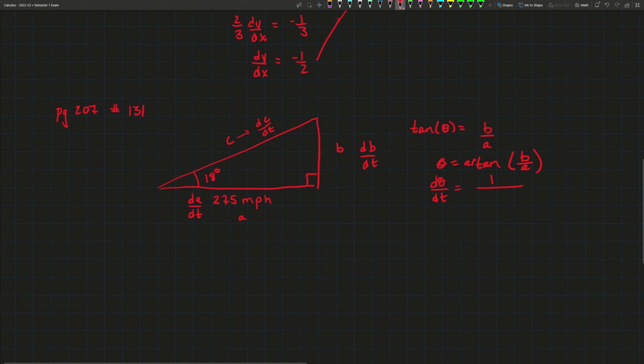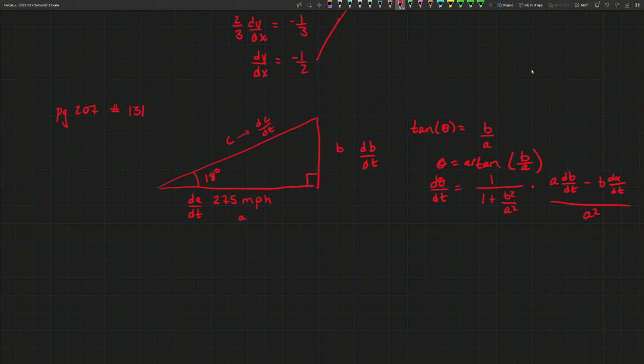Oh, you know what? I know a better way to do this that I'll show you here in a second. If this were a real rate of change problem, I would do it this way, though. I forgot. This is actually a lot easier than it needs to be. But we would set this up. The derivative of arctangent is 1 over 1 plus the thing on the inside squared, times the derivative of the thing on the inside, so that would be a dB/dt minus b dA/dt over a squared.